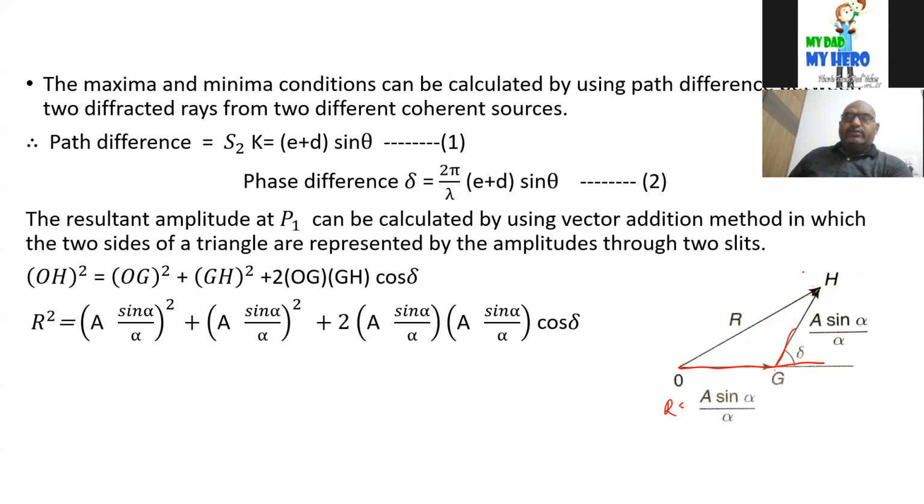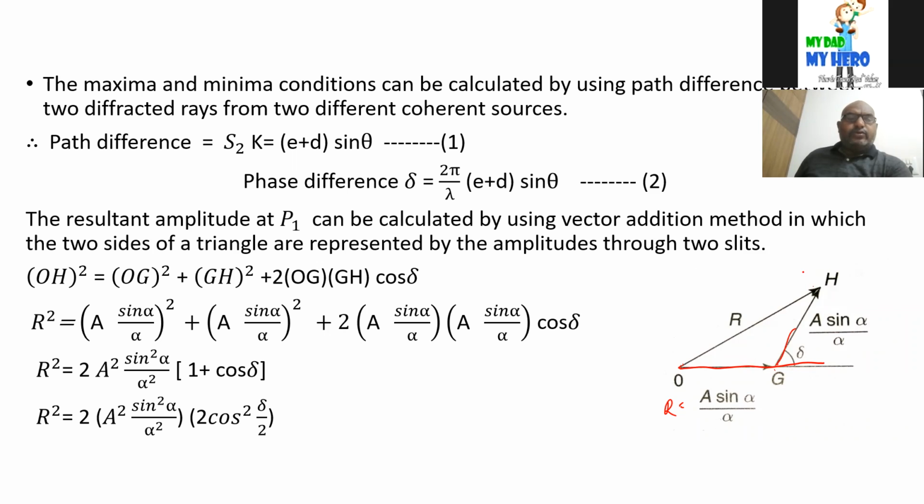Substituting the OG and GH values and simplifying, R square is equal to (A sine alpha by alpha) whole square plus (A sine alpha by alpha) whole square plus 2 into (A sine alpha by alpha) into (A sine alpha by alpha) cos delta. Taking the common value, 2A square (sine alpha by alpha) square common, (1 plus cos delta).